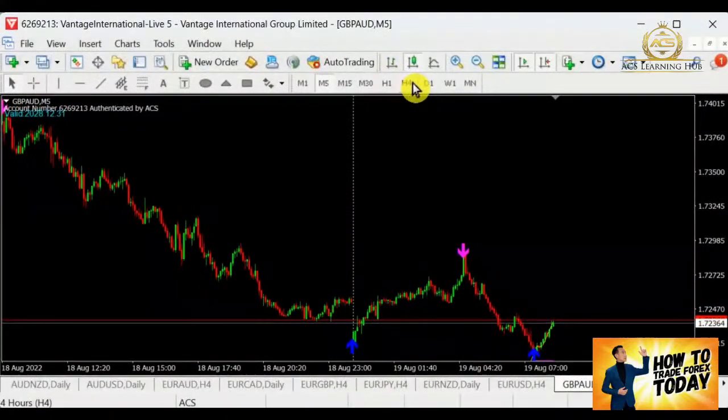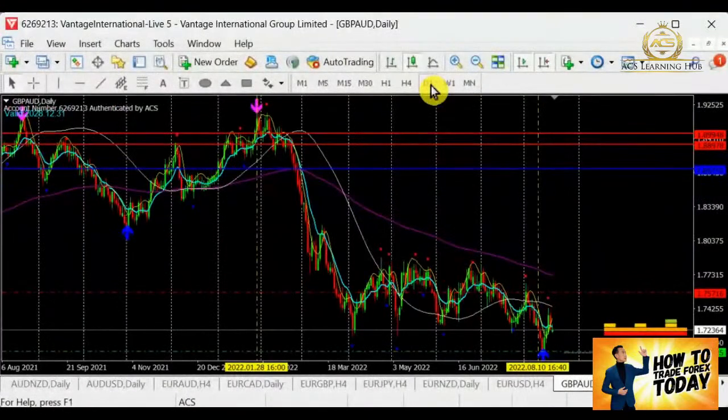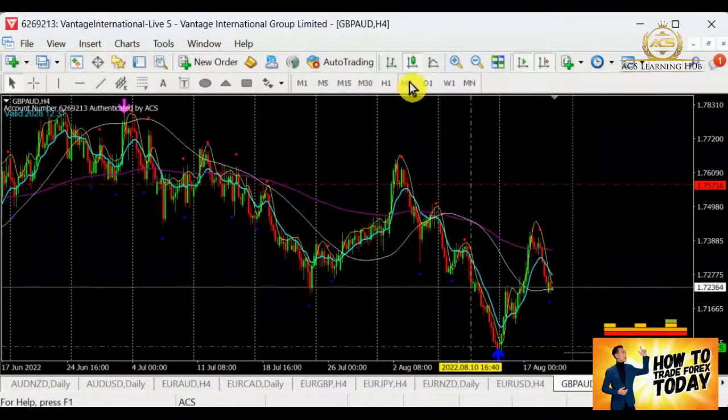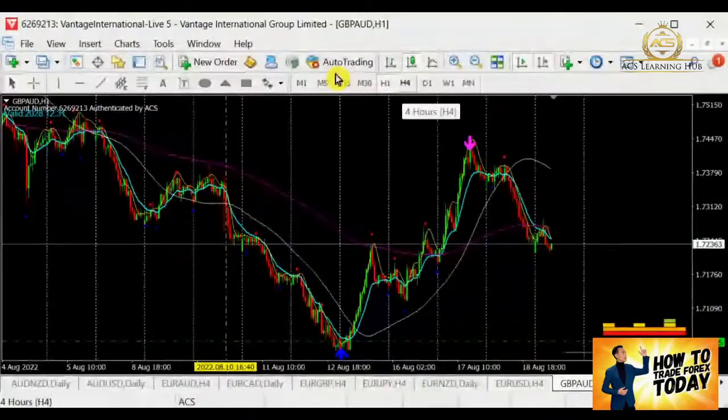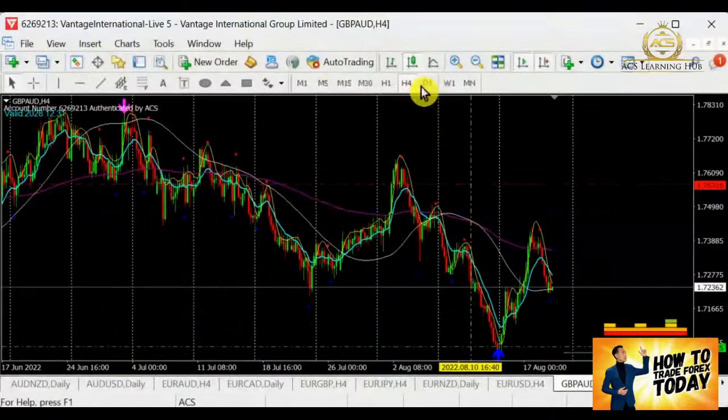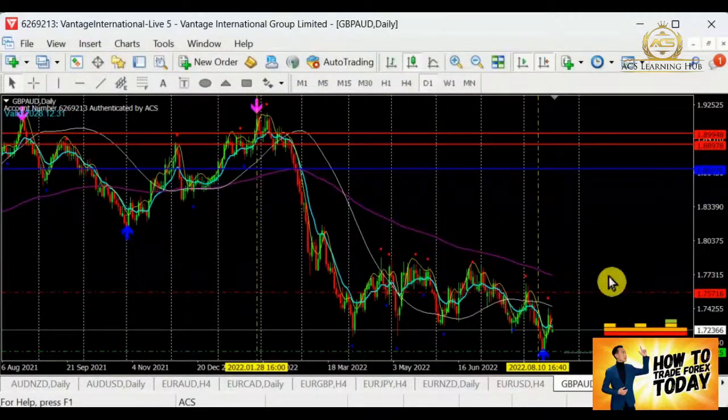Okay, and Pound Aussie over here. How is this Pound Aussie going to do? With this, at this point here, Pound Aussie is still not very good now. For Pound Aussie, we are actually now in the bear, right?